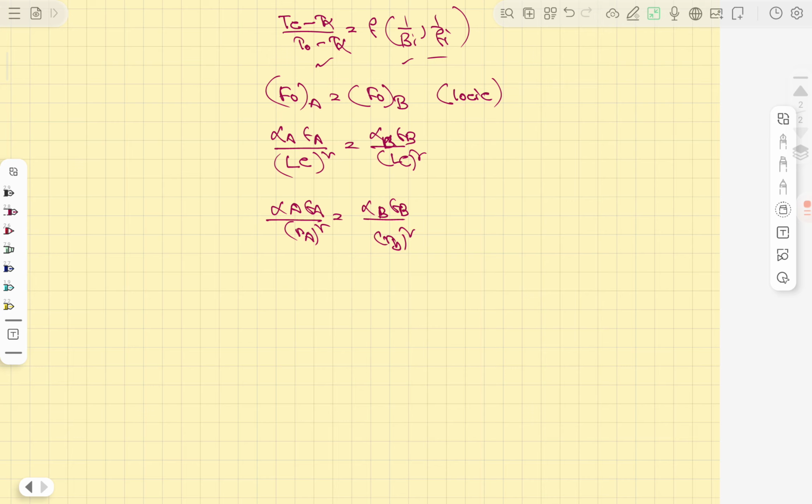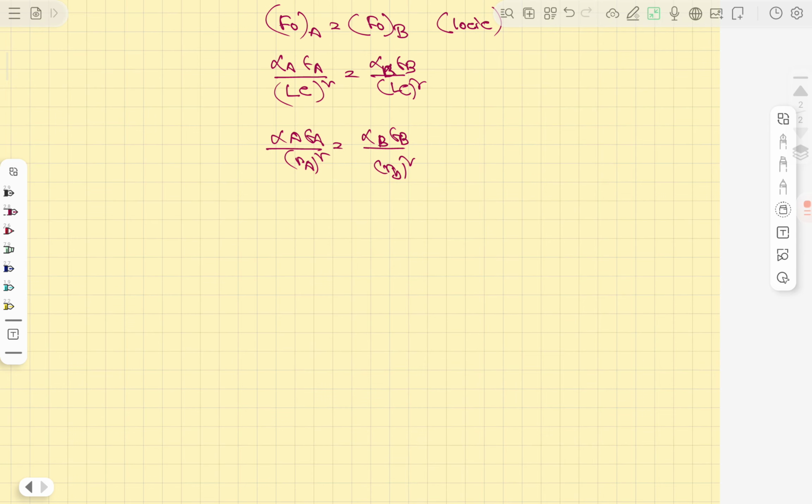Now what is alpha A? Alpha is K by rho C. So first I will write this as K by rho C of A, divided by K by rho C of B, into RB whole square by RA whole square. How can you write TB?